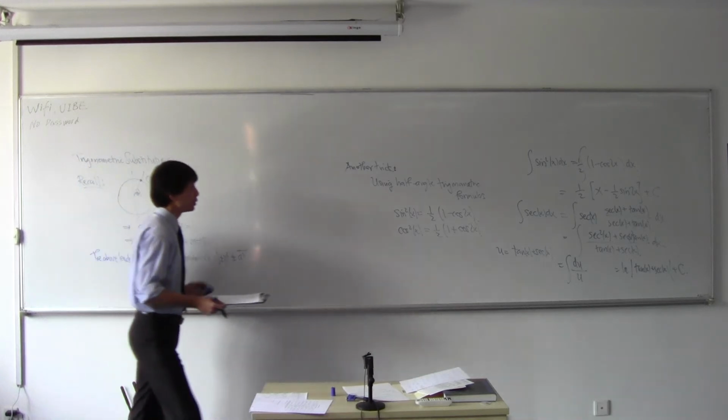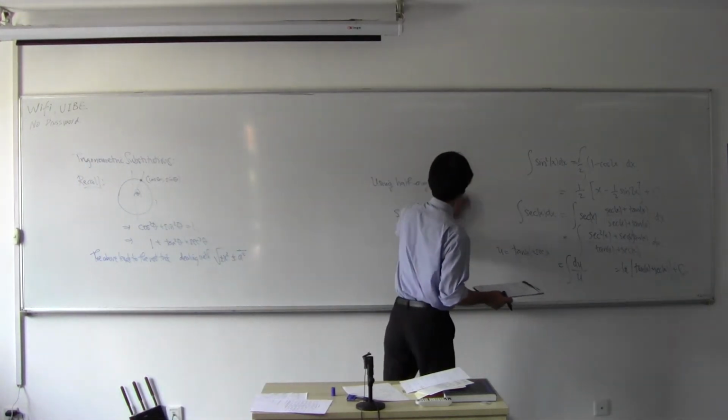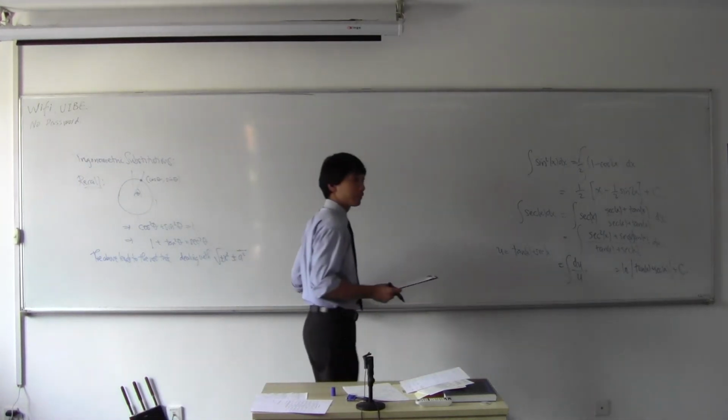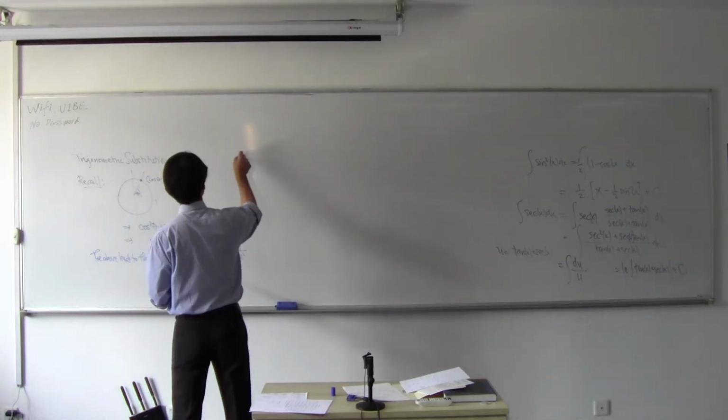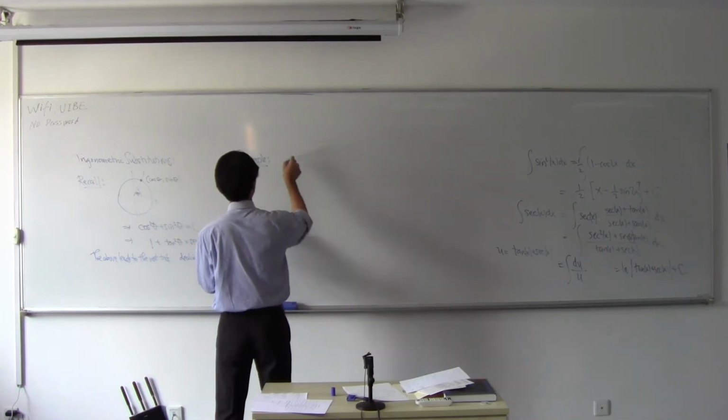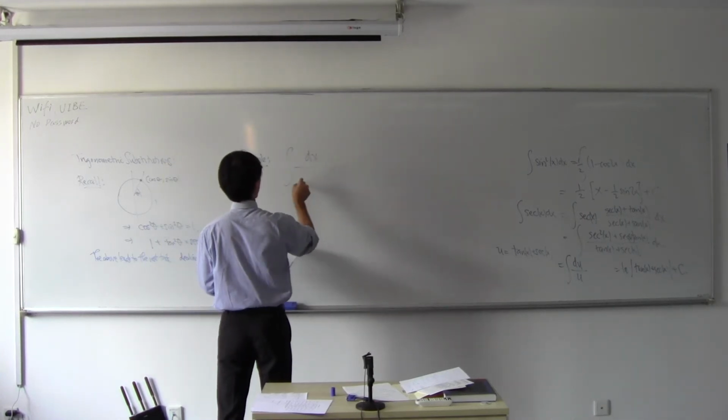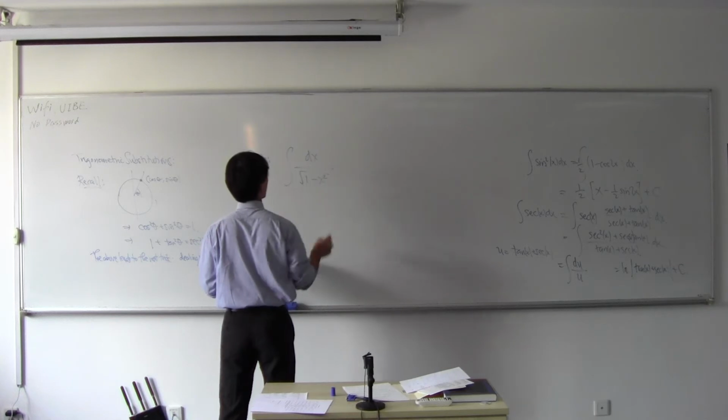Okay, so we'll start off with an example: dx over the square root of 1 minus x squared.